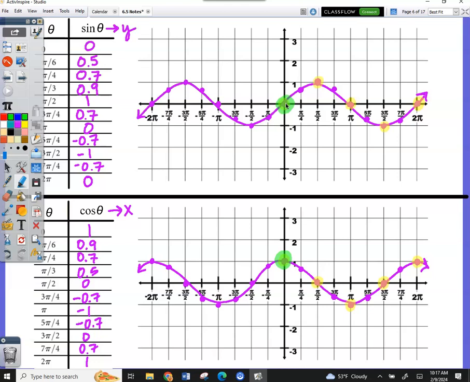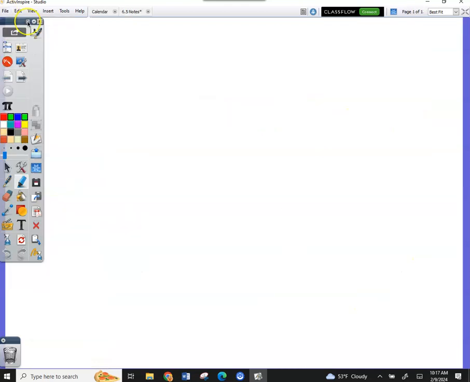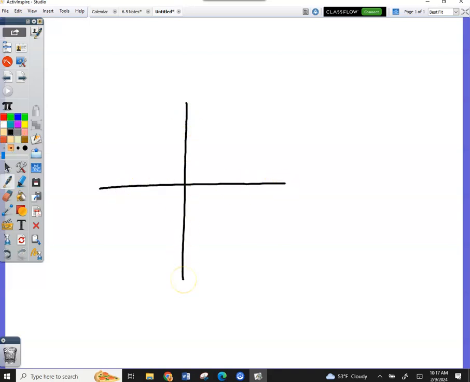Bam. Sine starts at 0, cosine starts up at 1. Okay? If you can memorize that sine starts at 0 and cosine starts at 1, then you can generate the graphs.